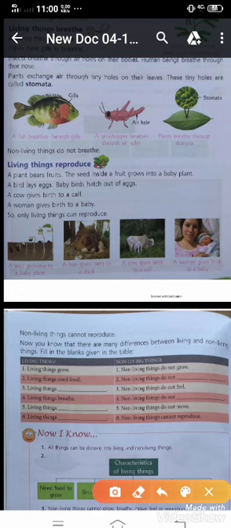A fish breathes through gills. This is the gills of the fish. Insects like grasshoppers breathe through air holes. Air holes are there in the grasshopper which help it to breathe.